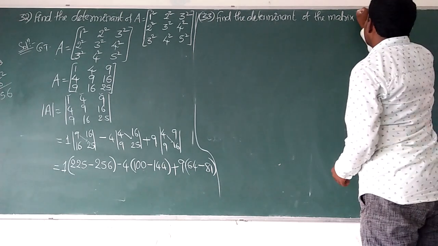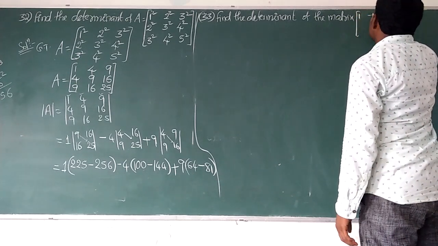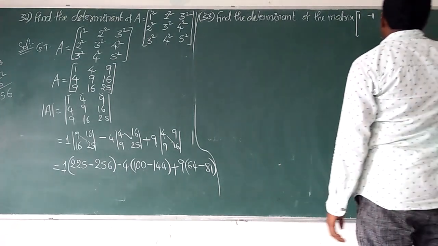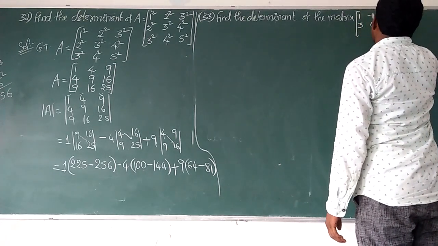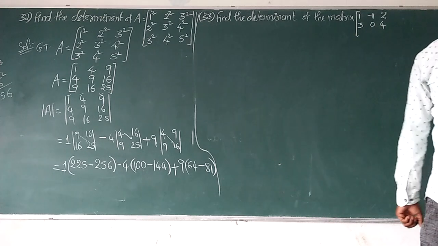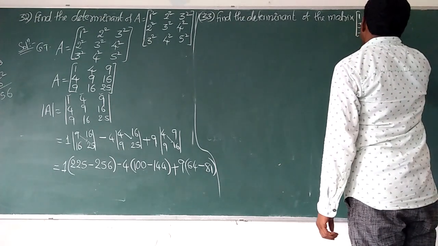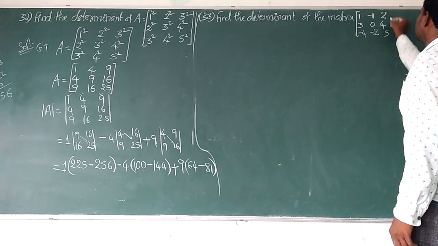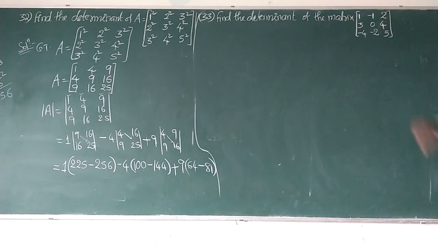Matrix 1 minus 1 2, 3 0 4, minus 4 minus 2 5. Find the determinant of the matrix 1 minus 1 2, 3 0 4, minus 4 minus 2 5.